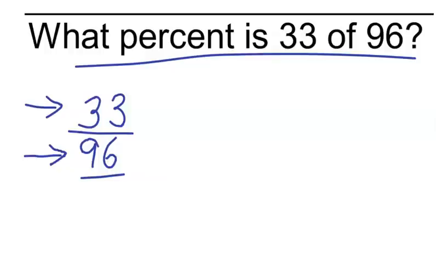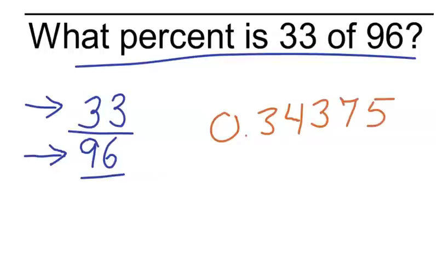And so just to save time, I will let you know that when I worked it out, I got 0.34, what did I have? 75. All right, so to get the percent, you're going to look at the first 2 numbers of the decimal and then multiply that by 100. So it's going to move it over 2 places, and then that's going to be 34.